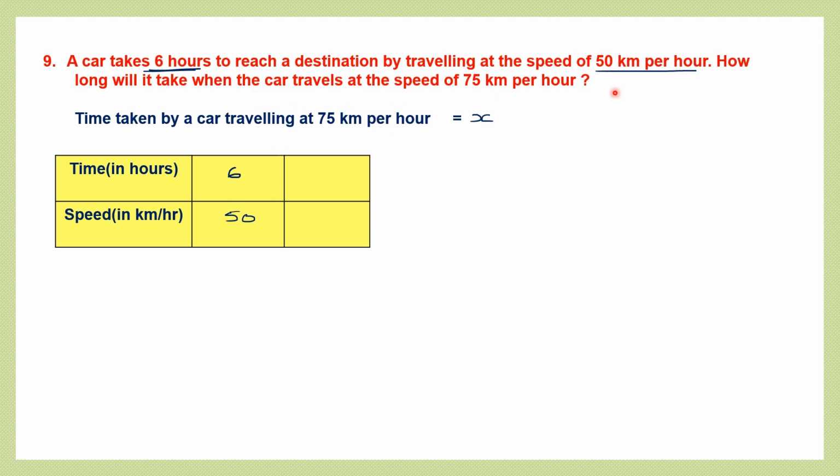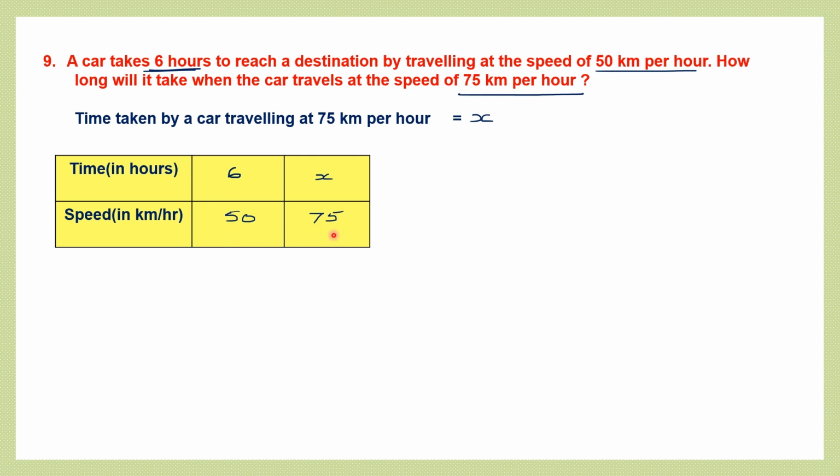Now we are asked to find how long it will take. That means the time. And time we don't know, so we are writing x at a speed of 75 kilometers per hour. The speed has now increased from 50 kilometers per hour to 75 kilometers per hour.